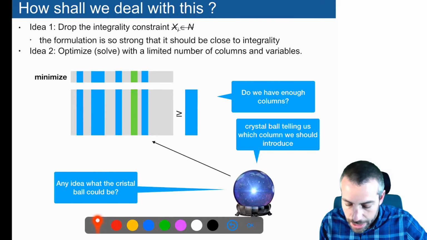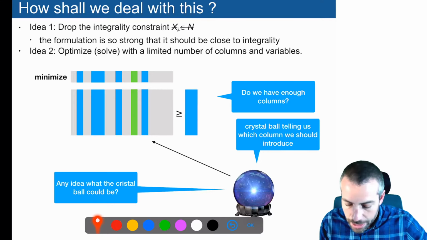And of course, the hope is that you will not have to generate all of them, because if everything becomes blue, eventually it's the same difficulty as solving the global linear program with all the columns in advance. And so by doing it lazily, the hope is that for some of them, we will not even generate them and will not consider them inside the linear program, okay?